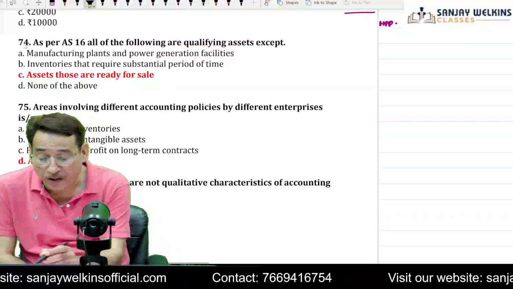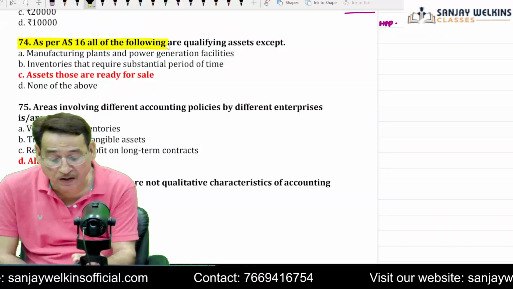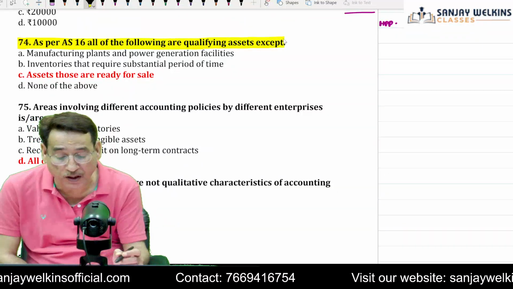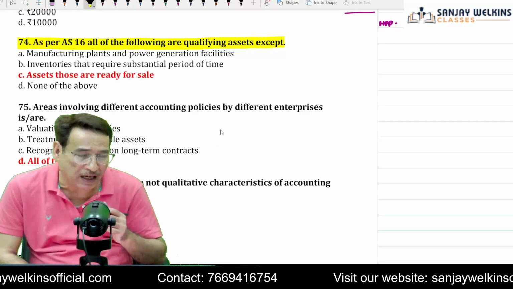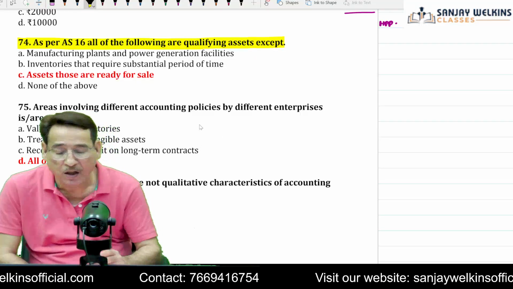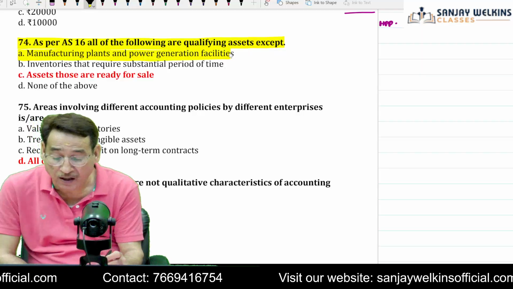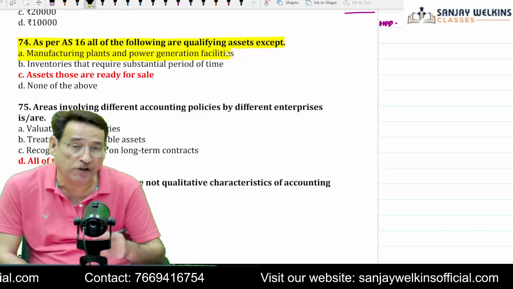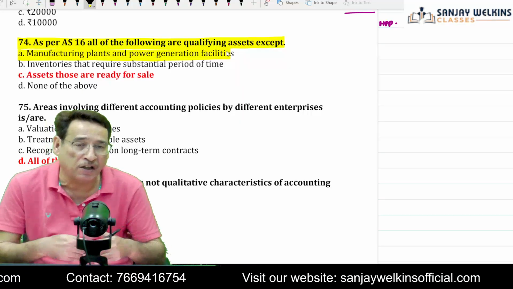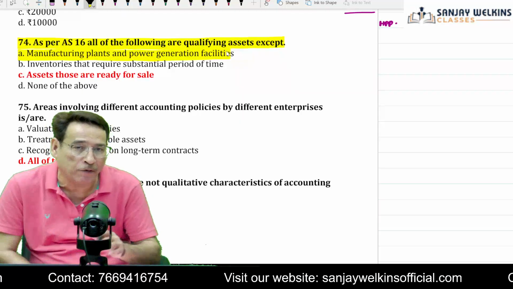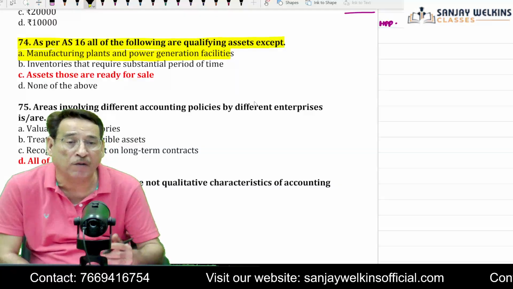Is it clear? As per AS 16, all of the following are qualifying assets except. If you remember, under AS 16, we have talked about this particular fact that manufacturing plant and power generation facility generally take a prolonged period of time before they get mature or before they become ready for use.